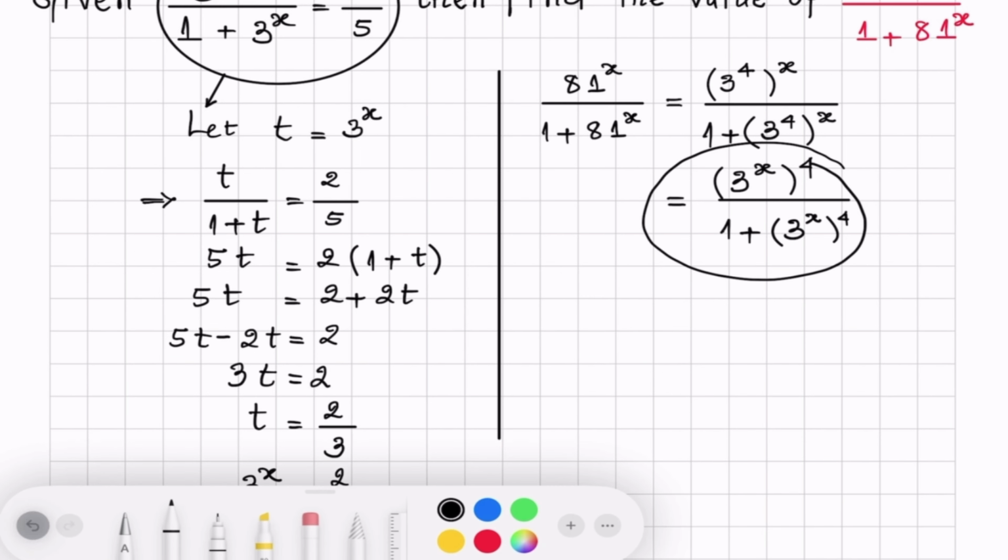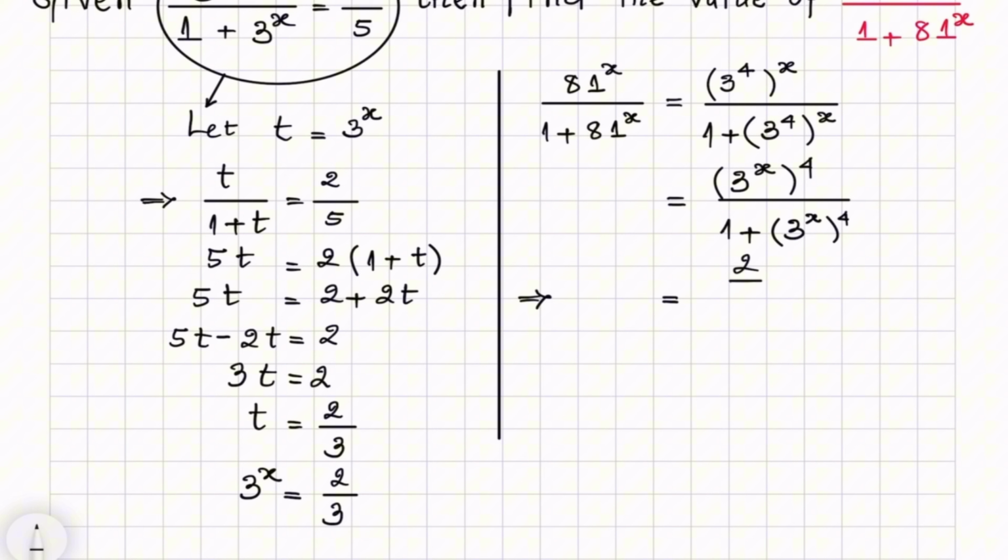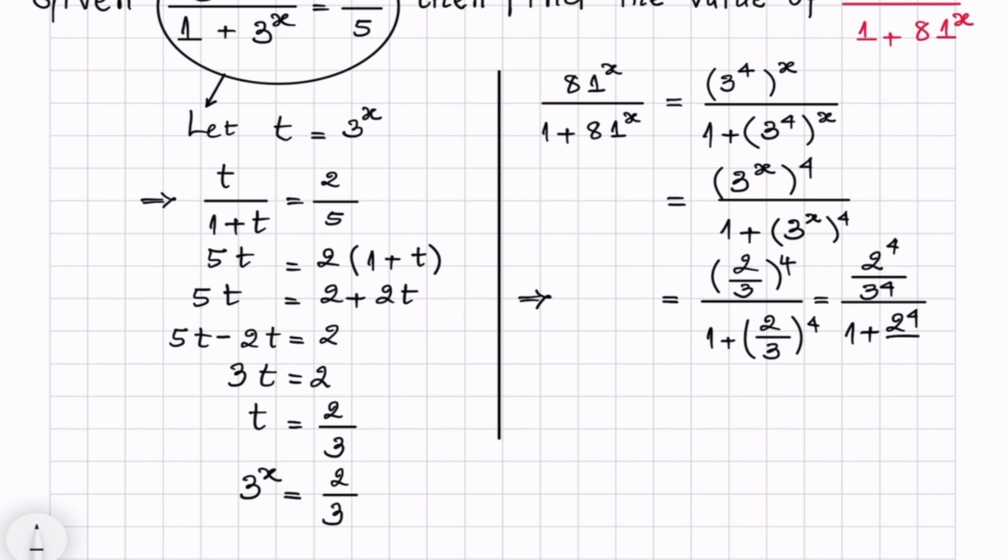So then we will get (2 over 3) raised to the power 4, over 1 plus (2 over 3) raised to the power 4. Okay, and then we will get 2 to the power 4 over 3 to the power 4, over 1 plus 2 to the power 4 over 3 to the power 4.